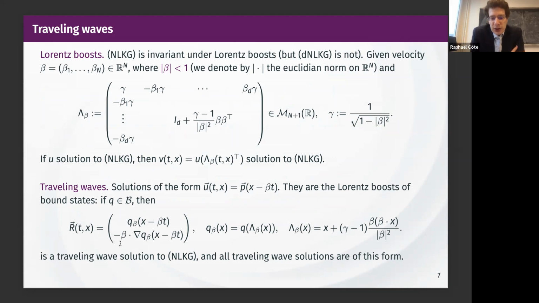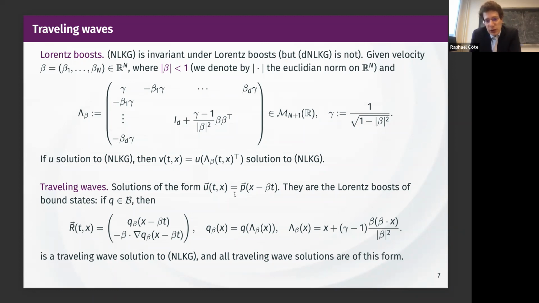Now let's talk a bit about solitons. What we did before was looking at stationary solutions, and in the Klein-Gordon case, I mentioned that you have the Lorentz transform that I wrote here. So basically, if you give yourself a speed beta with norm less than 1, you get a new solution via this Lorentz transform.